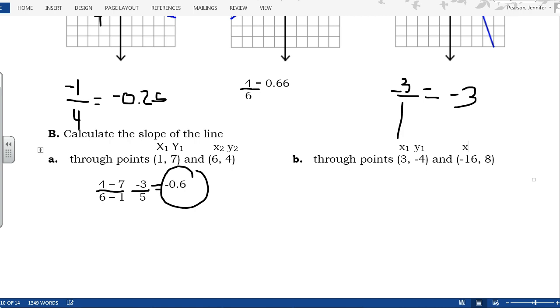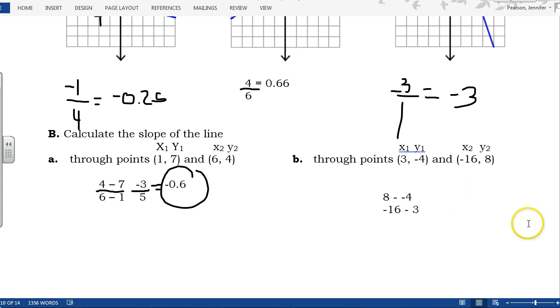And x2 and y2, and then I can put those values into the formula. y2 minus y1, and then x2 minus x1.